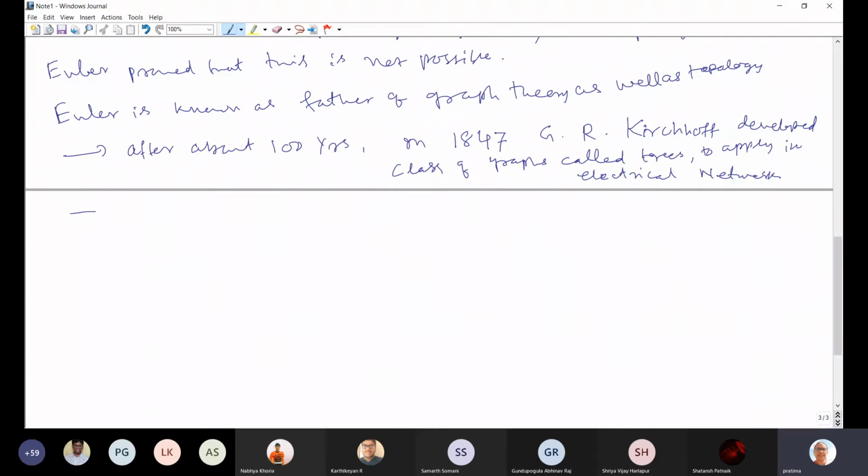After 10 years, Cayley, you might have heard about Cayley, also developed the theory of trees independently.